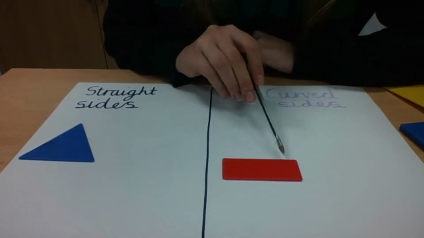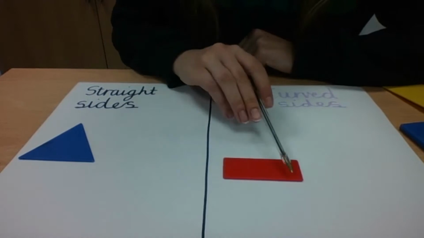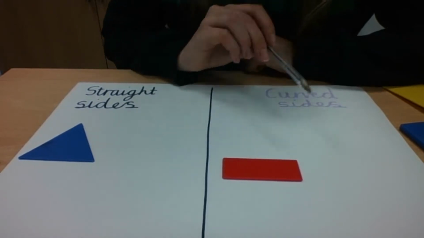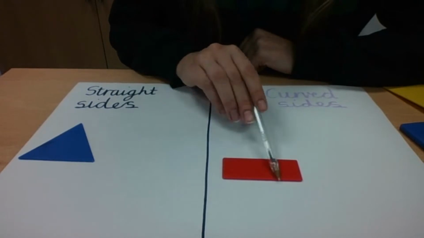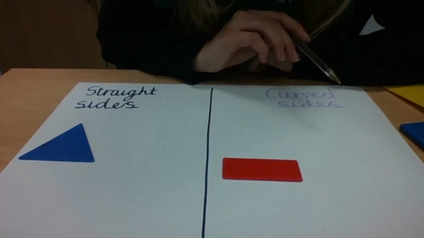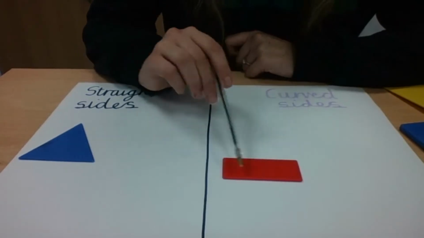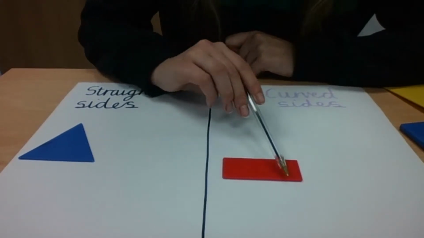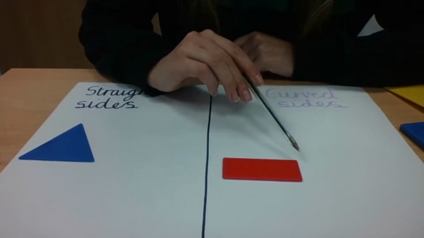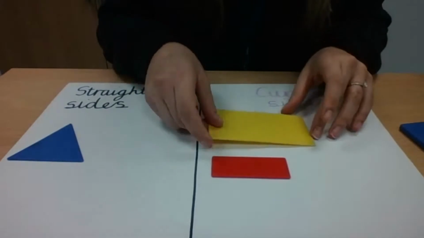I'll give you a clue. Have a look at these 2 sides and compare them against these 2 sides. Now, these 2 sides are longer and these 2 sides are shorter. So a rectangle has got 4 corners, 4 sides, 2 of the sides are long and 2 of the sides are short. Now, there are different sized rectangles.